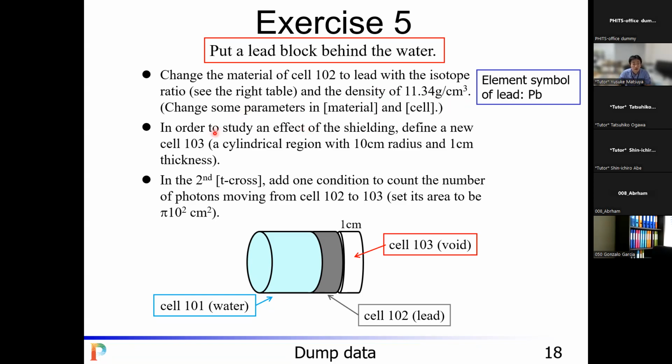Second one, in order to study the effect of the shielding, please define a new cell ID number 103, a cylindrical region with 10 centimeter radius and 1 centimeter thickness.